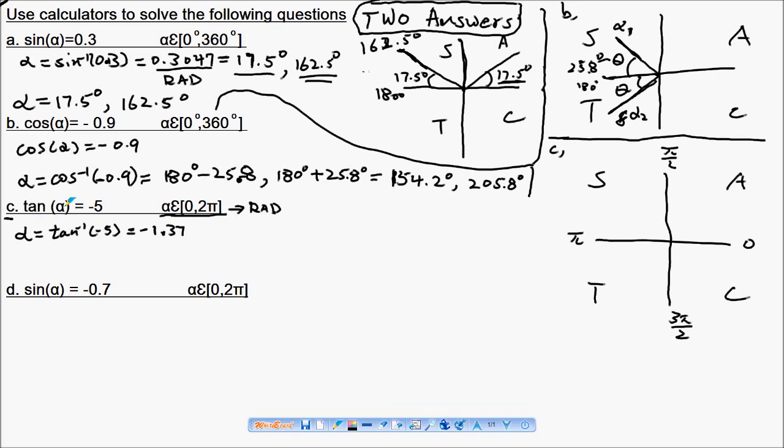We have tan of an angle equal to a minus number, so the answers should be in the second quadrant and the fourth quadrant.